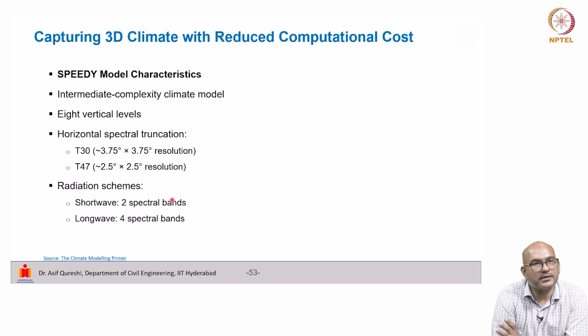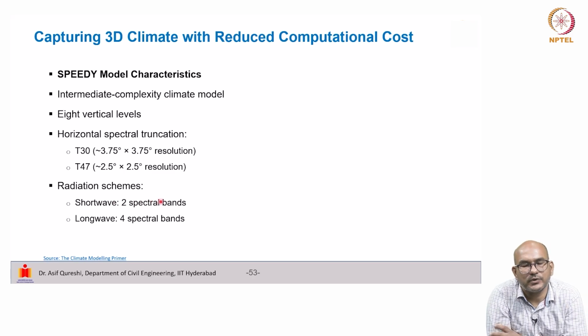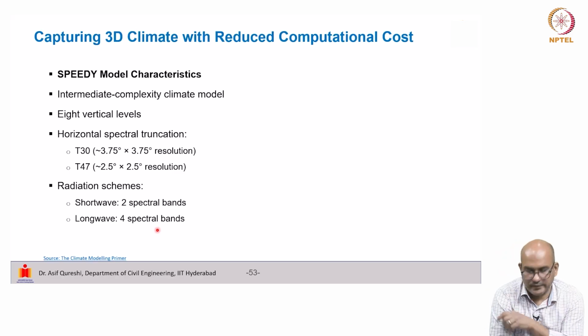In the radiation, there are different schemes in that the short wave has 2 spectral bands. So, instead of one full wavelength range for short wave, there will be 2 short wave ranges, and there are 4 spectral bands in the long wave radiation range also. So, instead of saying everything is one long wave, there are 4 bands for the long wave radiation.